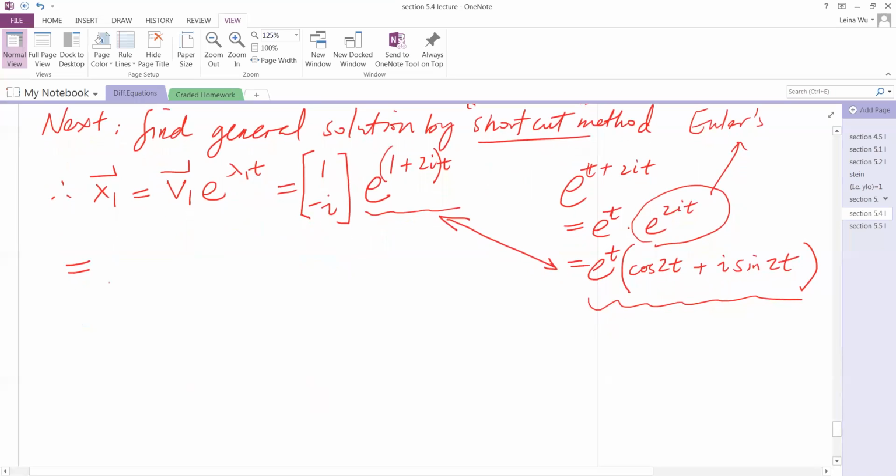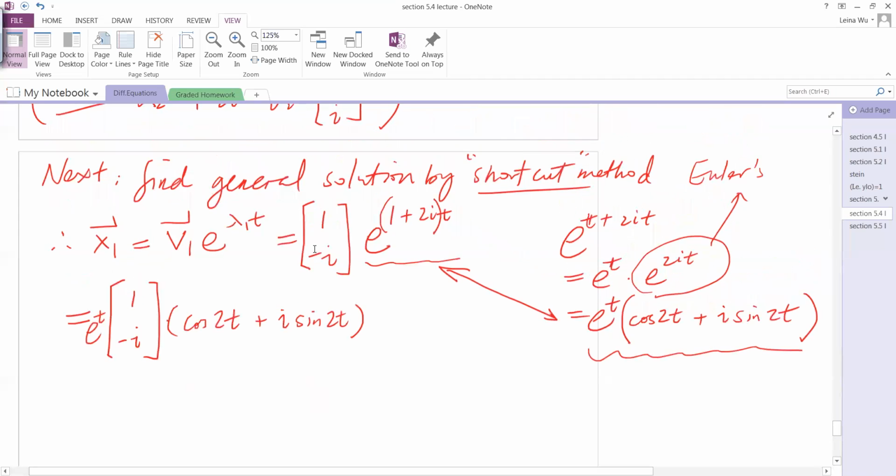So I'm going to say 1, negative i, and I'm going to write e to the t to the front, times cosine 2t plus i sine 2t. Questions? So far, so good, folks?